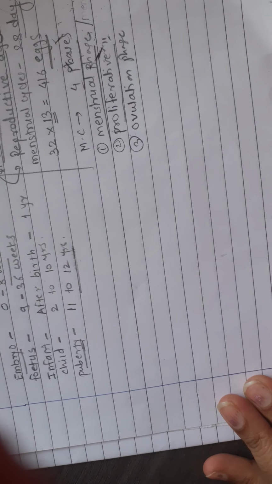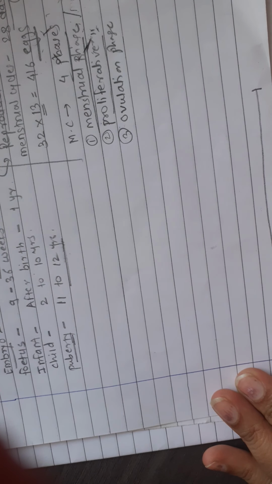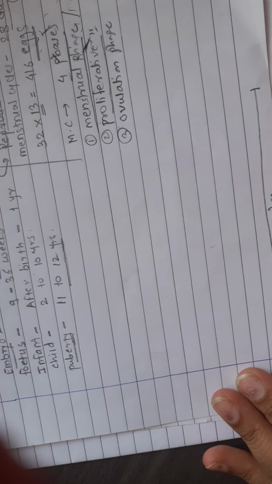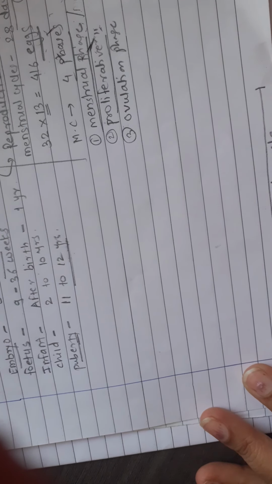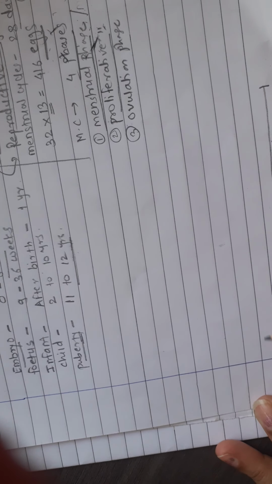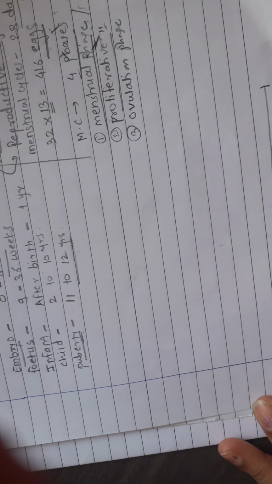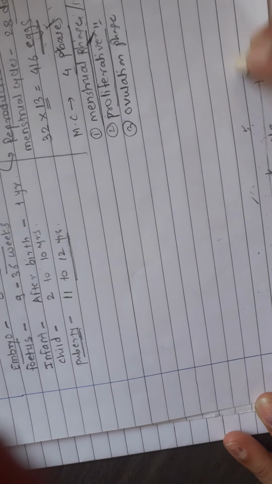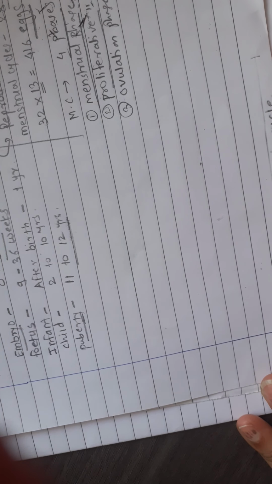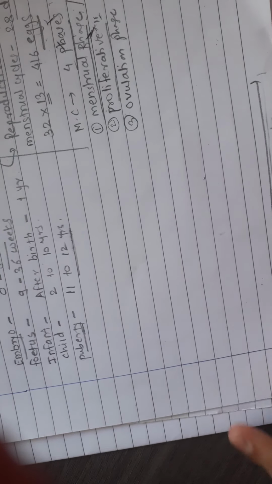If we consider the changes in the menstrual cycle, we have discussed them here with the help of this figure. Days 1, 2, 3, 4, 5: the first 5 days.